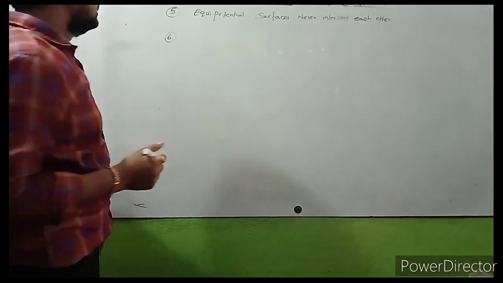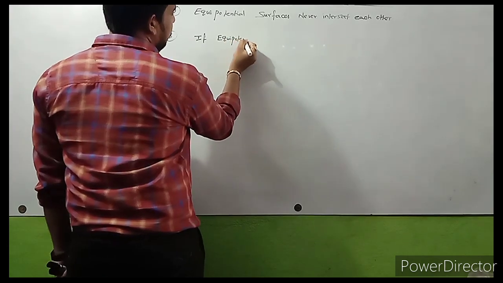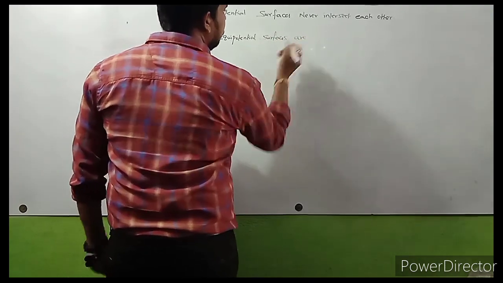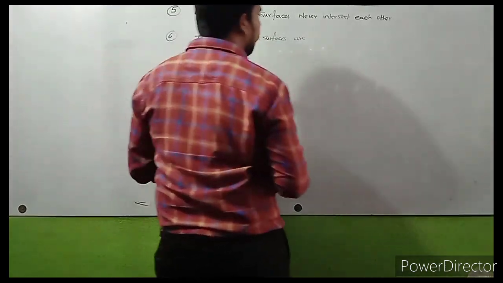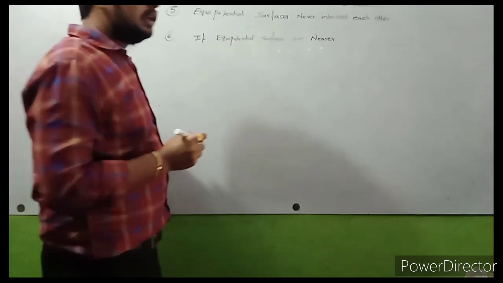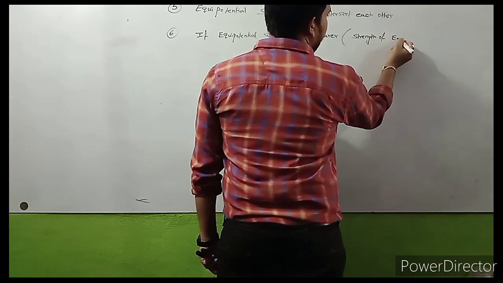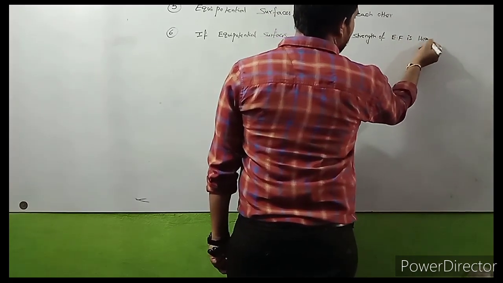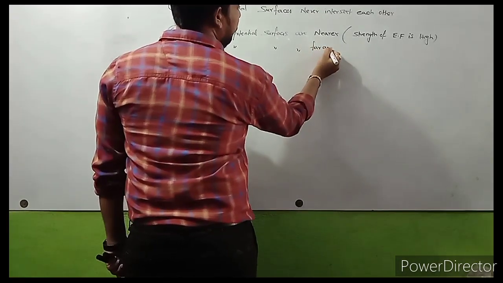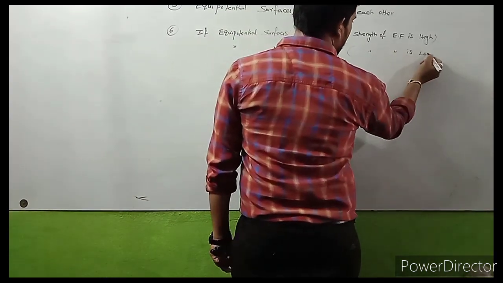If equipotential surfaces are nearer, then strength of electric field is high. If equipotential surfaces are far away, strength of electric field is low.